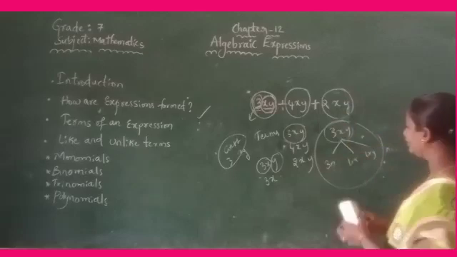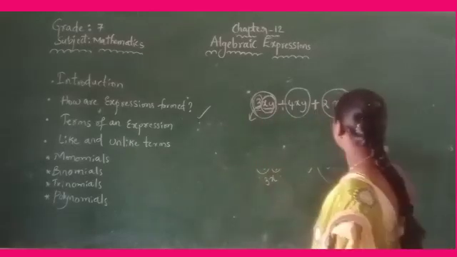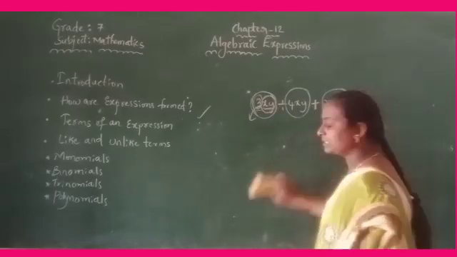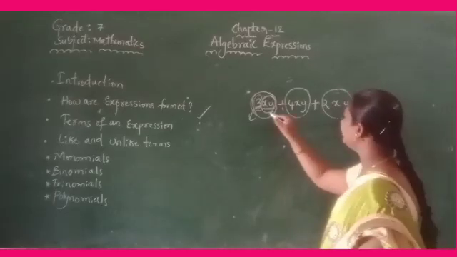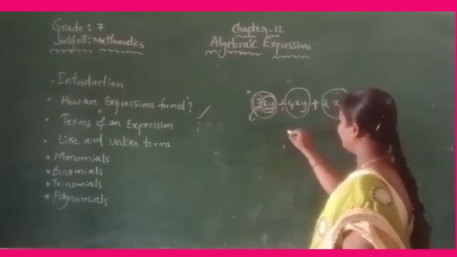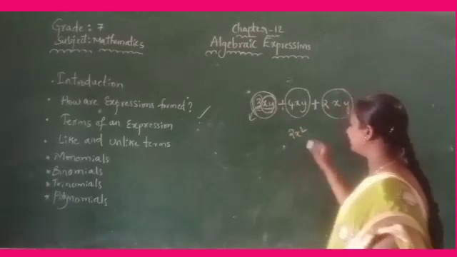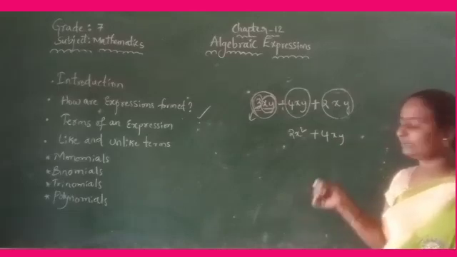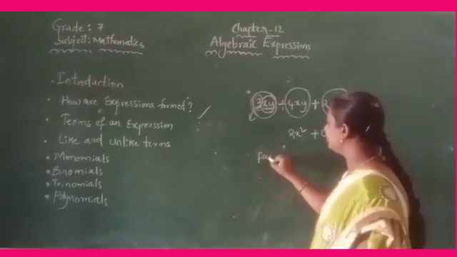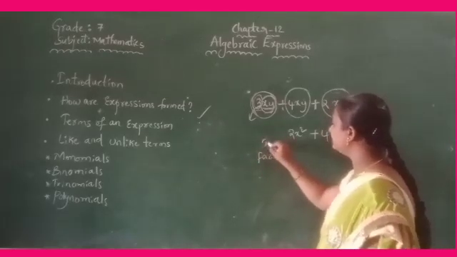Suppose how will you show the terms and factors of an expression by using a tree diagram? I am taking one more expression, 2x square plus 4xy. By using a tree diagram, find the factors and the terms.